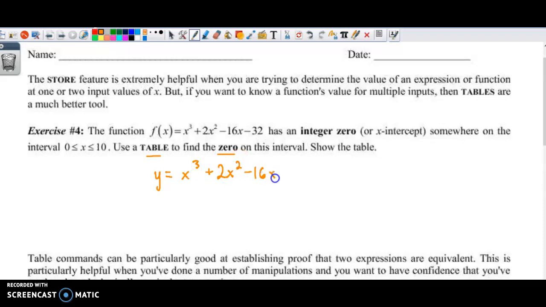I'll probably forget, so I'll go back and forth. And I want to use the table feature to see when I get it equal to 0, when the y value will equal 0. Because the x value equaling 0 is not very special. If you did x equals 0, you would just get negative 32 over here. And you may recall, because we've talked about this already, zeros are also a fancy name for x-intercepts.